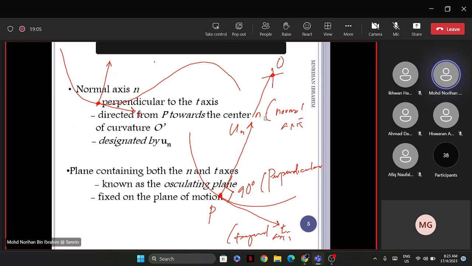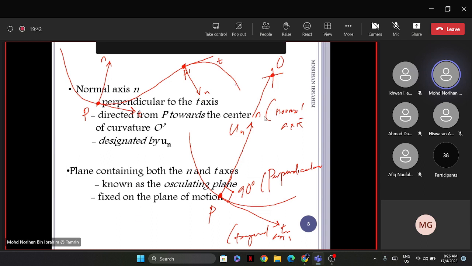If its position is here, let's say P prime, here too it has a tangent and the other normal. This one is also the osculating plane, normal and tangent, which is fixed in the plane of motion.